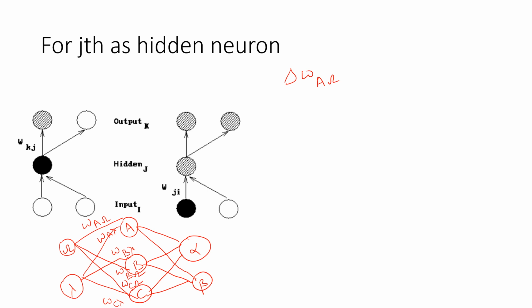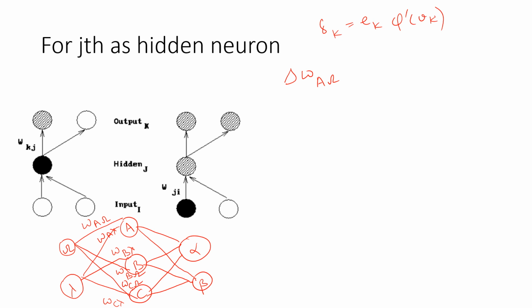So for this A omega, now my challenge is we don't have the error. My local gradient for the output layer, the local gradient delta of K, is error K into phi dash of Vk. We found the local gradient as error into the derivative of the weighted sum.